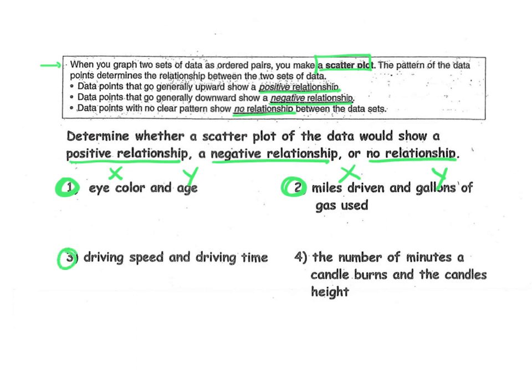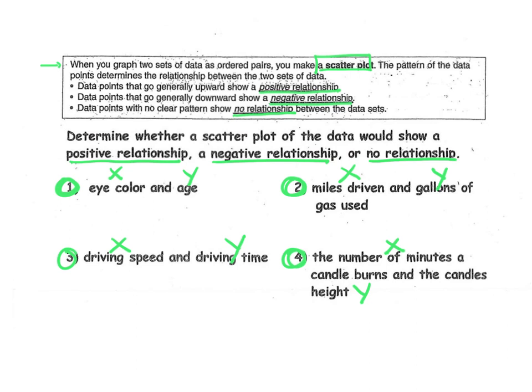Number 3, would your driving speed have anything to do or relate to the drive time that it takes to complete a journey? And number 4, would the number of minutes X a candle burns and the height of a candle, Y, have any correlation or relationship?